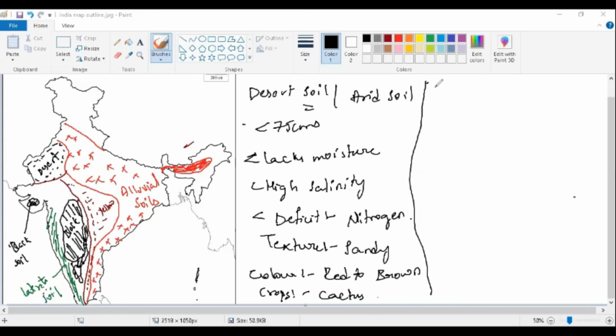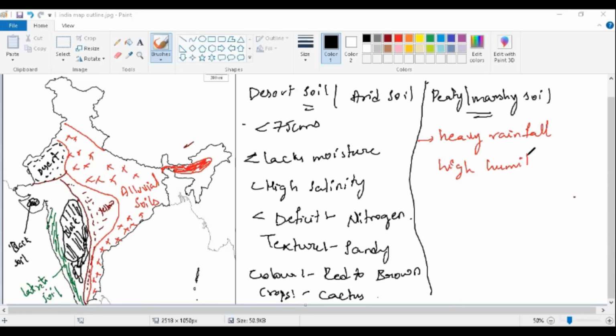Next is peaty or marshy soil or swamps. So here, heavy rainfall and high humidity. Humidity is the moisture content in the atmosphere.